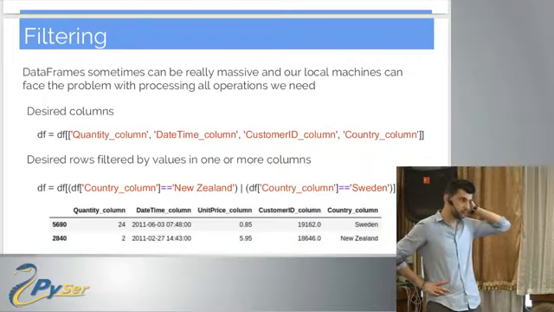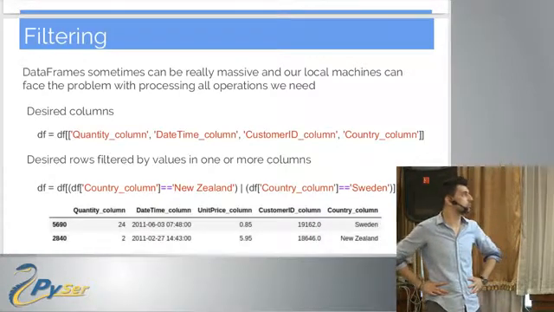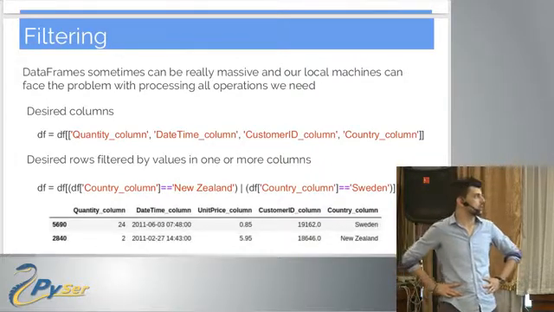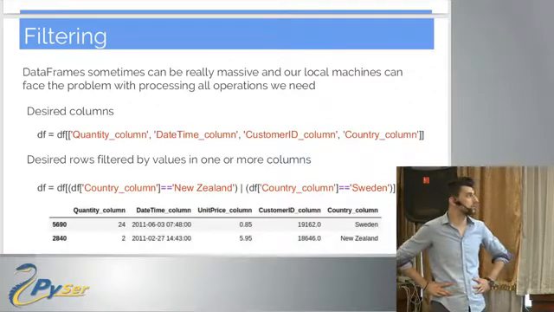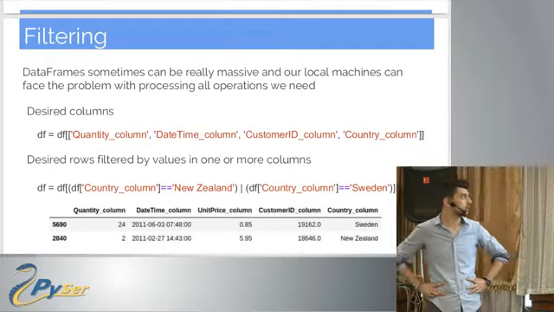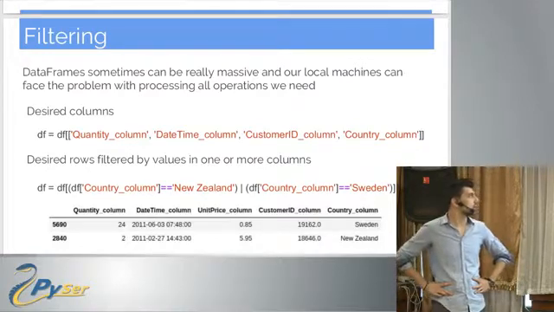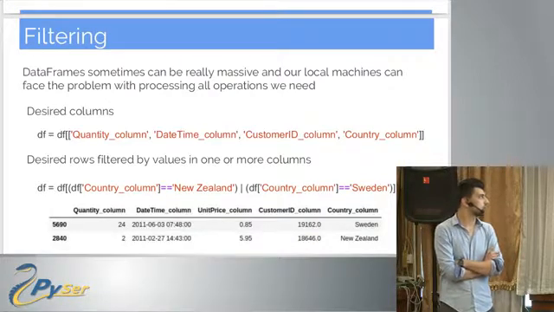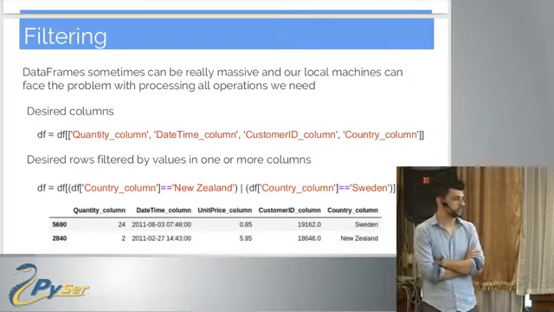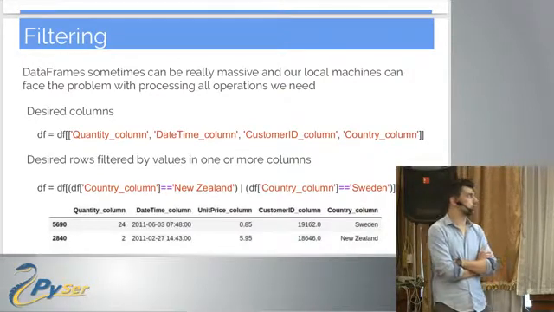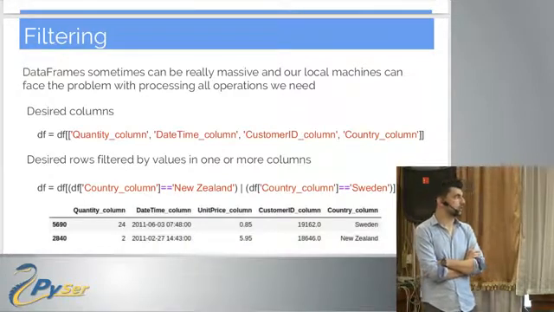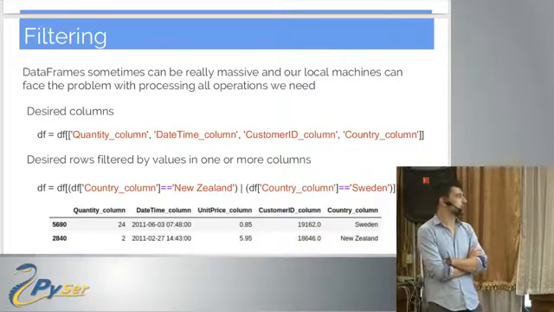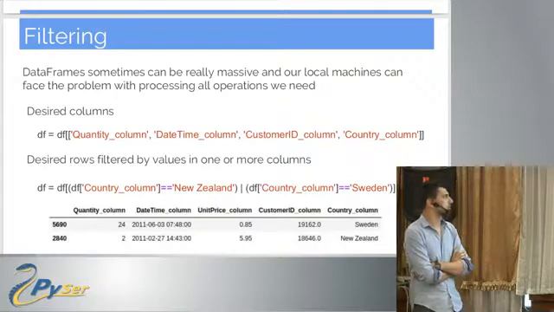Anyone who works with big data, with a huge amount of data, knows that our local machines can have trouble handling all that data and can have a problem with processing. So you can create a sample, or you can filter unnecessary rows or columns. If you want to choose some desired columns, it's pretty simple.